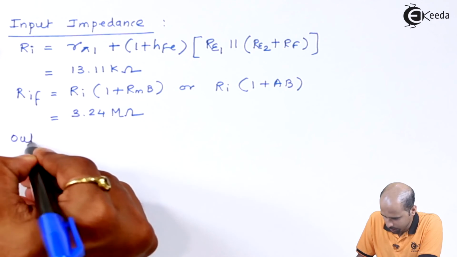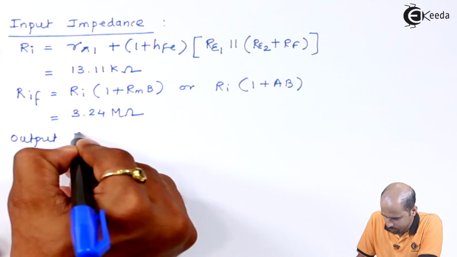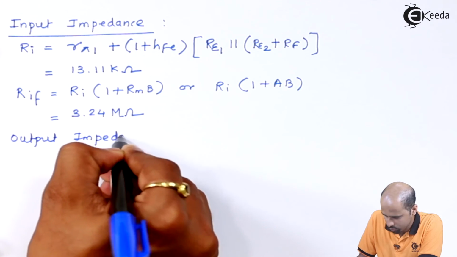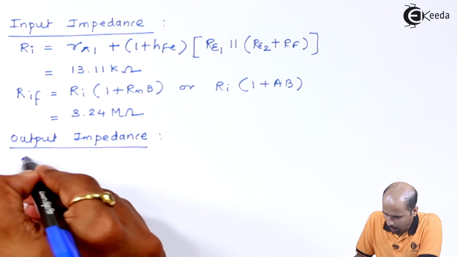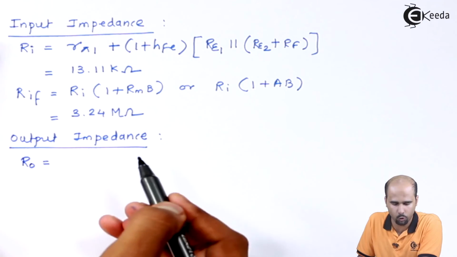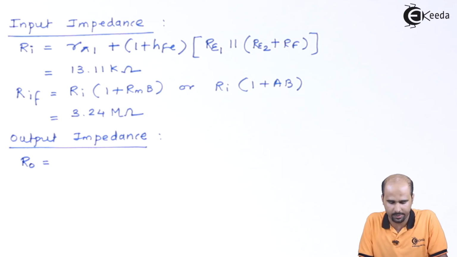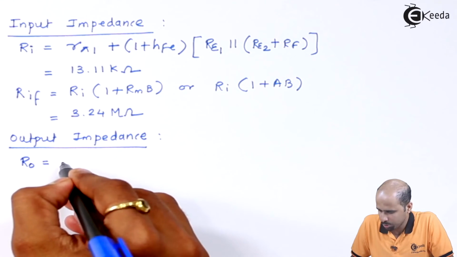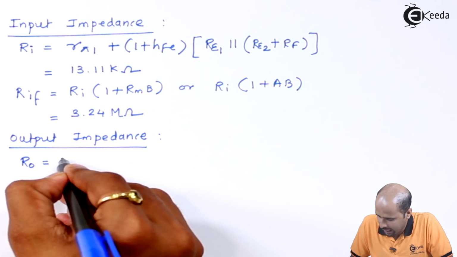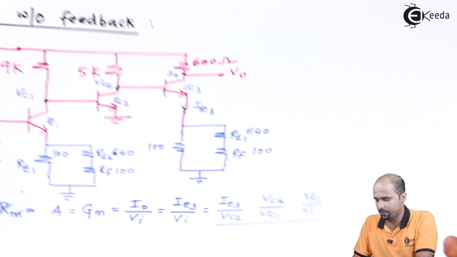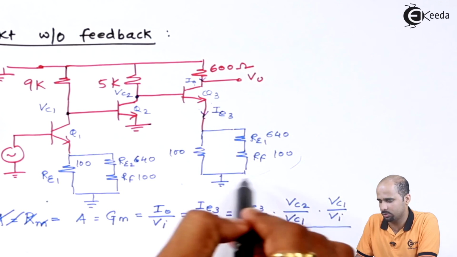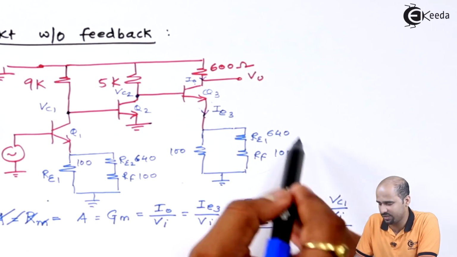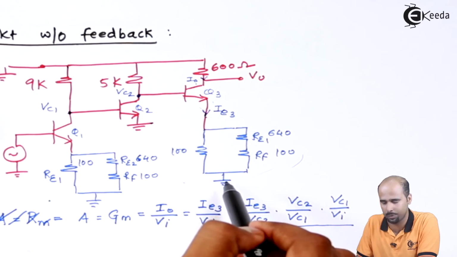Now the value of output impedance, Ro, that we will be getting. Let's move towards the output side. What's the value of Ro that you have to find out first? That Ro you have to get from the emitter side of this particular third stage of the amplifier.